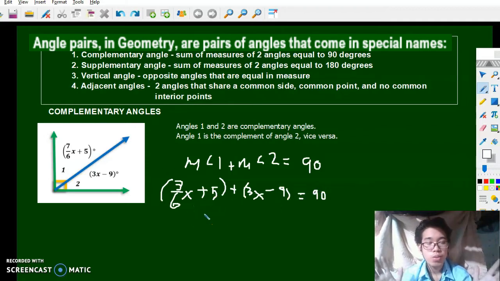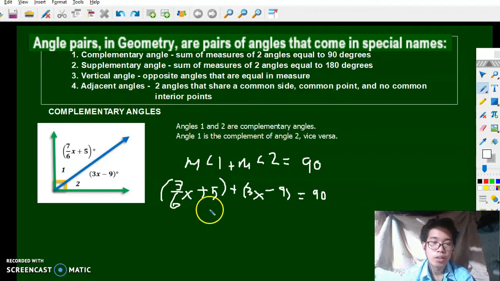The next step is we have to put our constants on the right side and our variables on the left side. So that's 7 over 6x plus 3x is equal to, we have a constant here, 90 degrees.